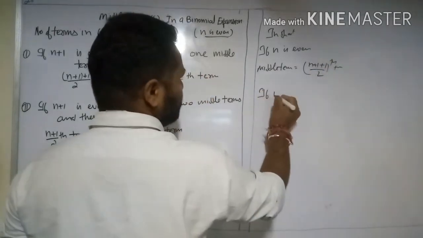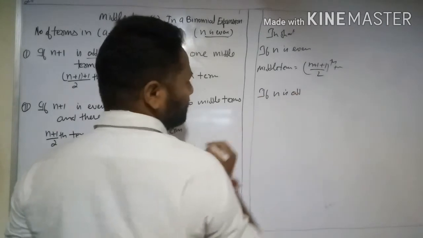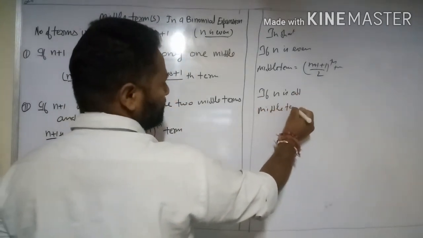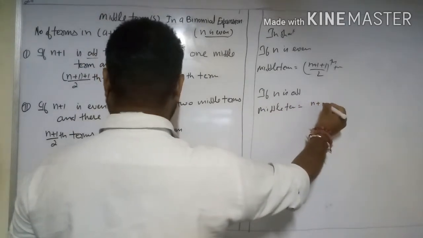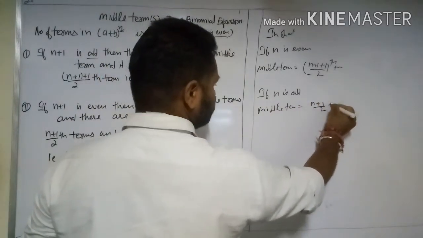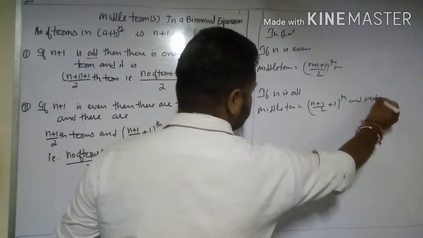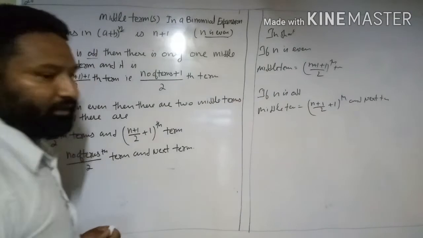And if n is odd, then the middle terms are the (n + 1)/2 term and the next term of this. These are the middle terms.